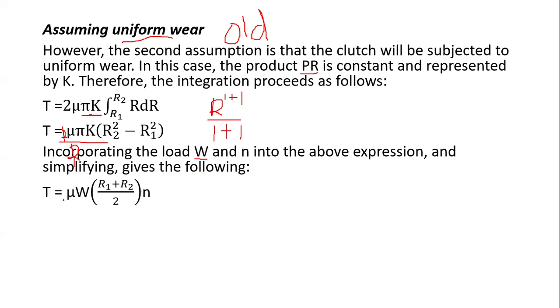So you have mu W, R2 plus R1, or R1 plus R2 over 2, then small letter n. Where small letter n, like we had said, basically represents the number of pairs of surfaces in contact. So if it's a single plate clutch, you have 2, double, 4. If there are 3, you end up with 6 and so forth.